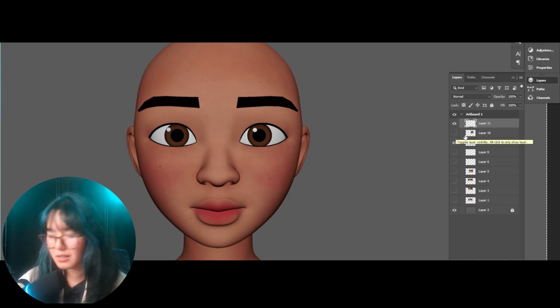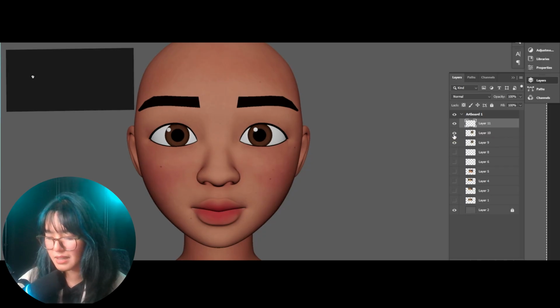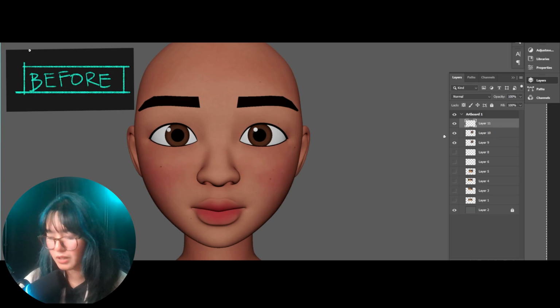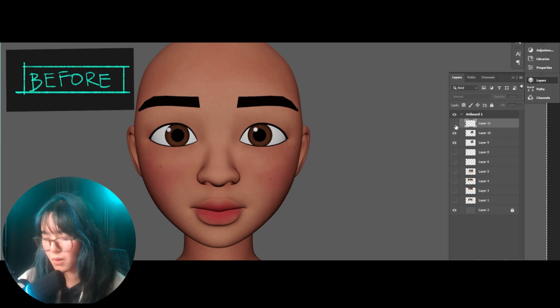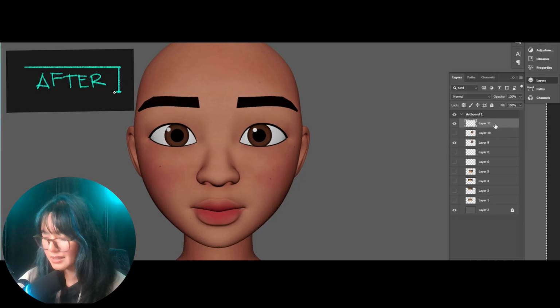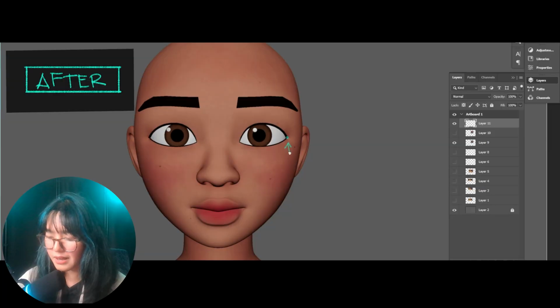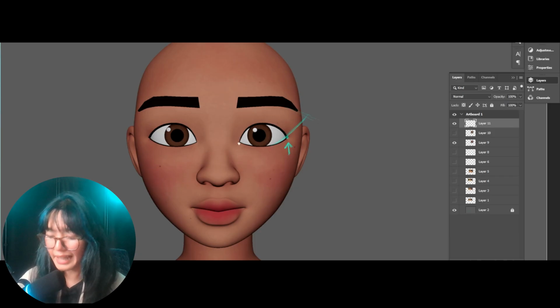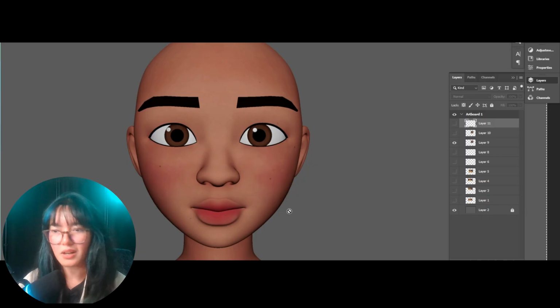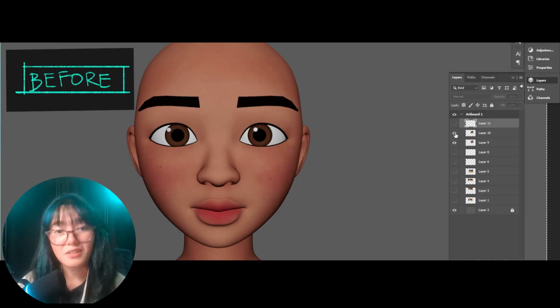So try to see the difference. Again, this is the one before. It's a really, really small adjustment. But what it does is this movement right there lifts up that outer corner of the eye to be a little bit higher. And it dips down the inner corner of the eye. There's something more appealing to this shape versus this one.